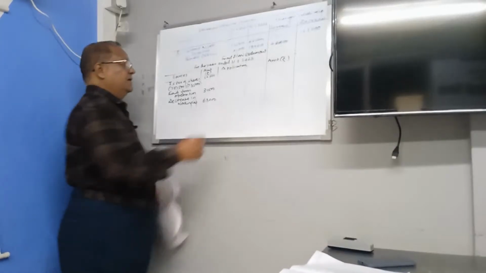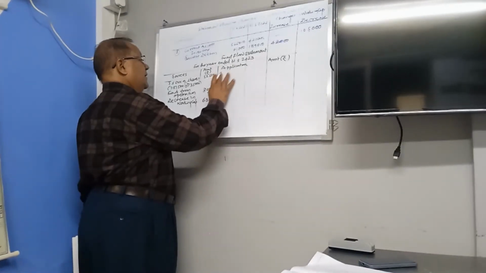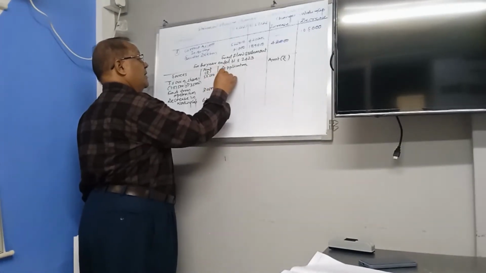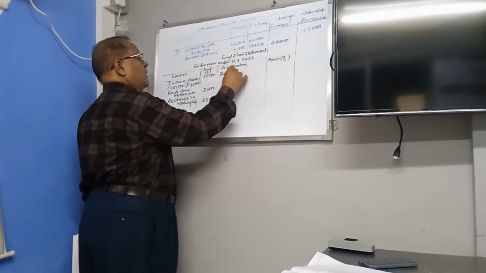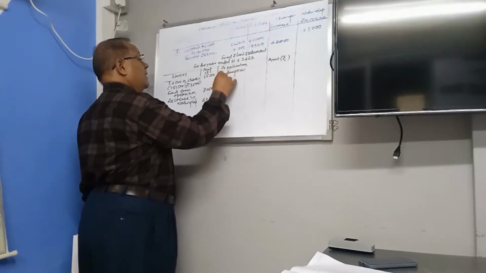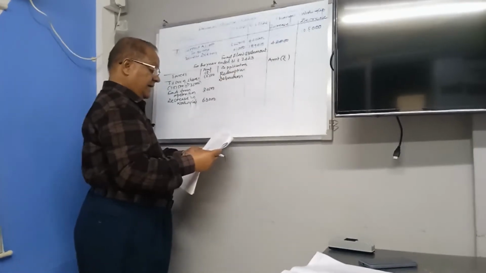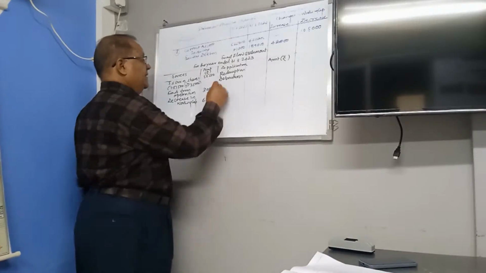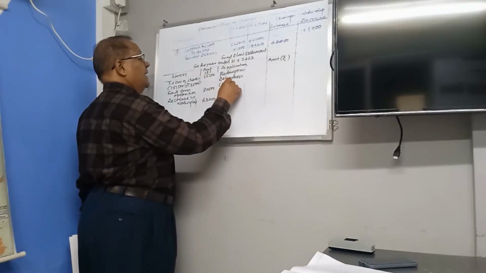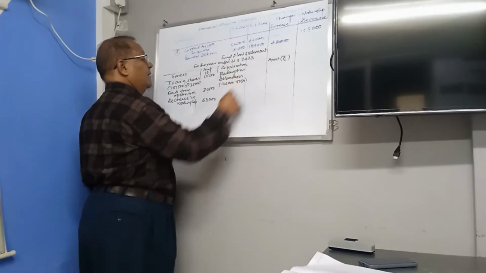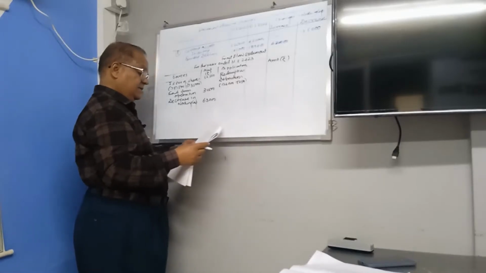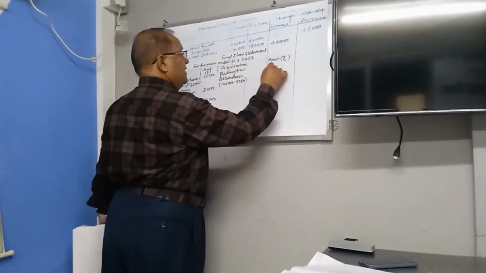Then another will be redemption of debenture. Debenture will be reduced from 126,000 to 52,500. So it will be reduced to the extent of 73,500.